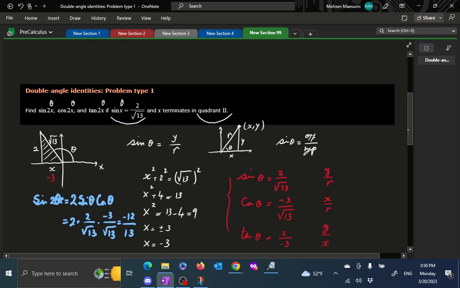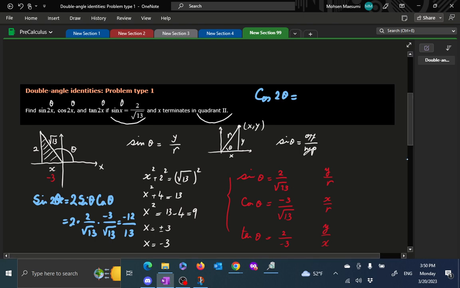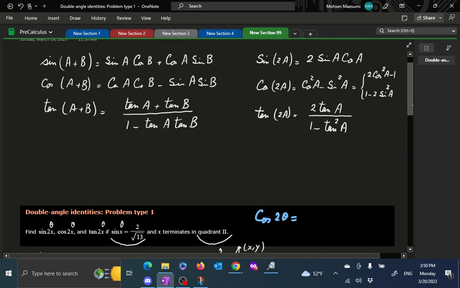Cosine of 2 theta. We have many choices. In fact, we could answer cosine of 2 theta without doing any of this work, because sine is already given to me, and I could have used the following formula: 1 minus 2 sine squared of theta.